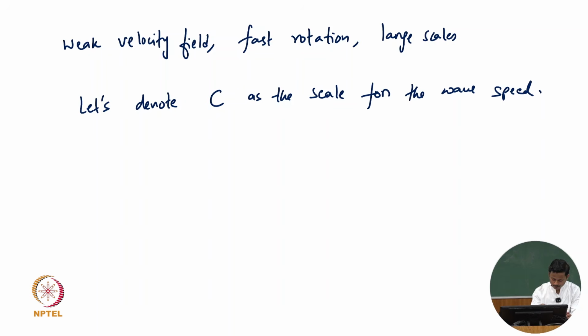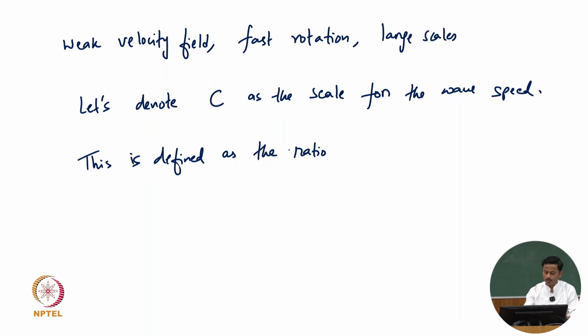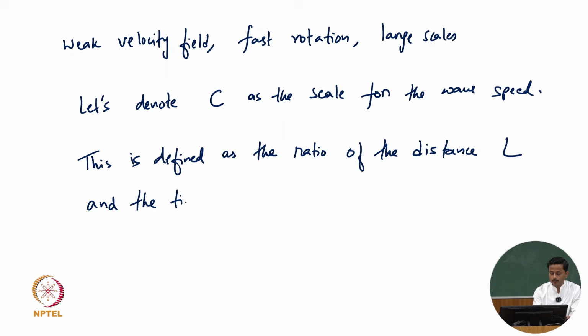This is defined as the ratio of the distance L, which is the characteristic distance in the problem, and the time scale capital T. Remember that this is different from the flow speed.